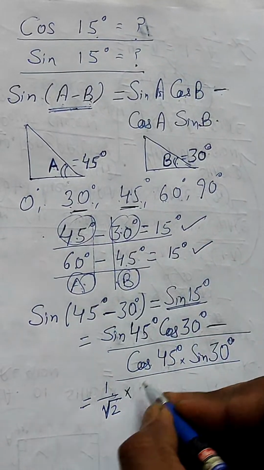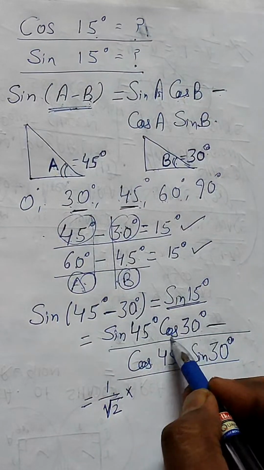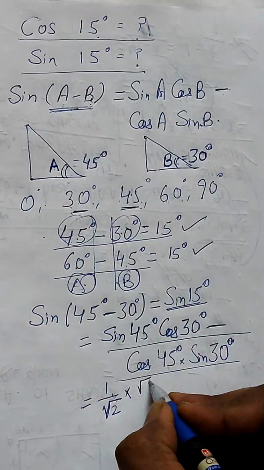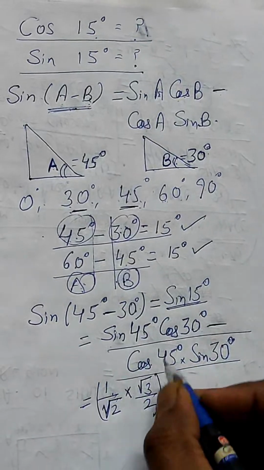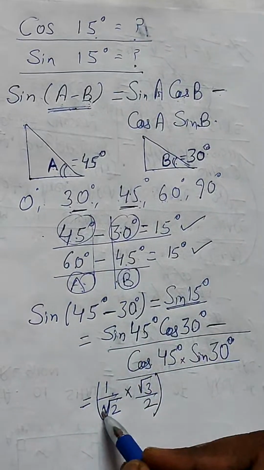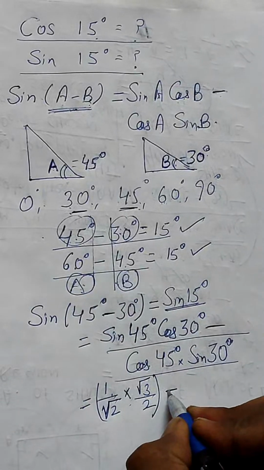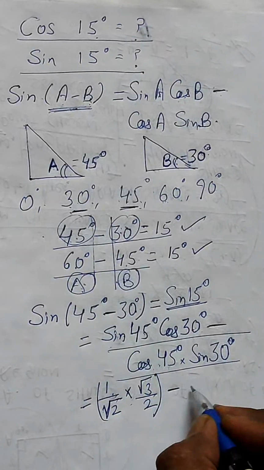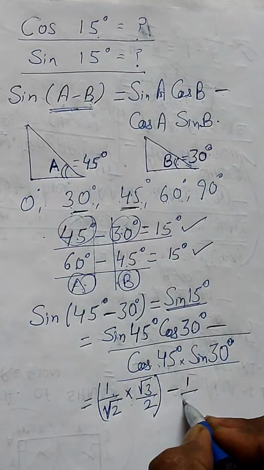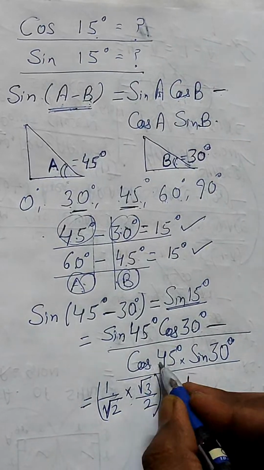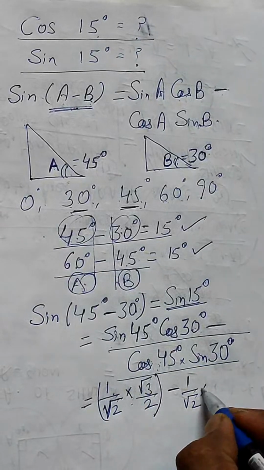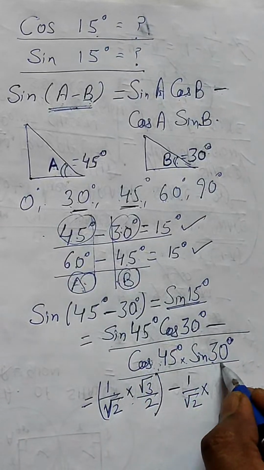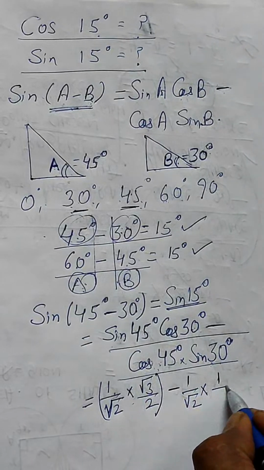And what is the value of cos 30 degree? Cos 30 degree is root 3 by 2. So the sine 45 cos 30 will be like this, minus cos 45, which is 1 by root 2, because sine 45 and cos 45 both are 1 by root 2, into the last term sine 30, which is 1 by 2.